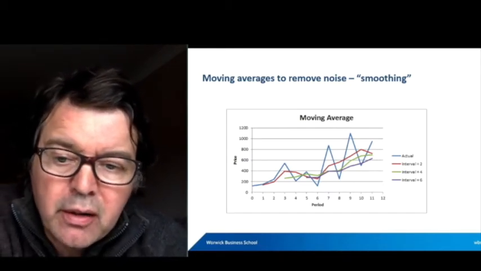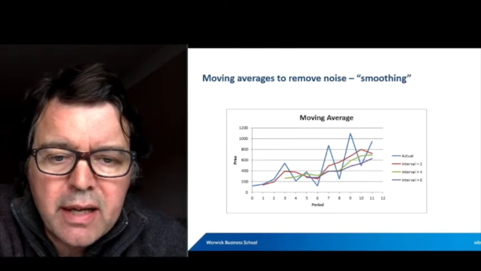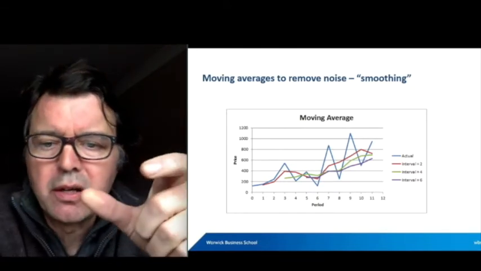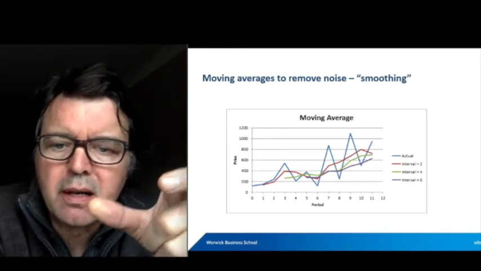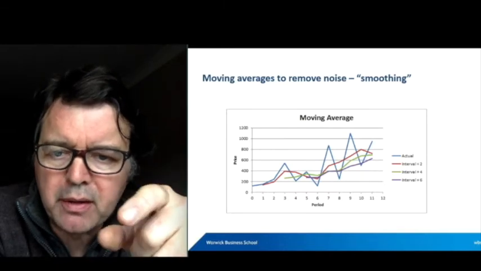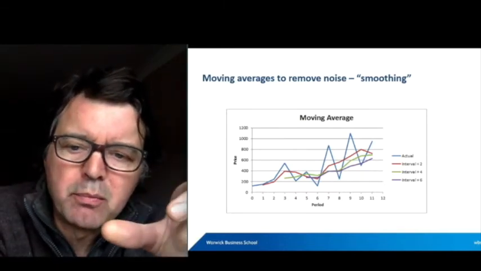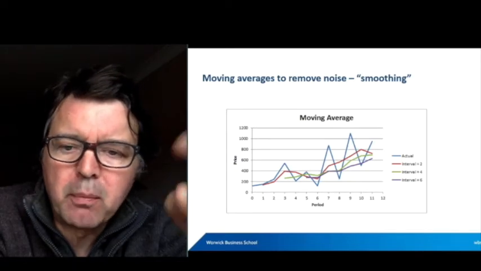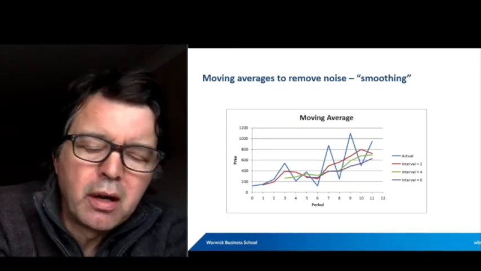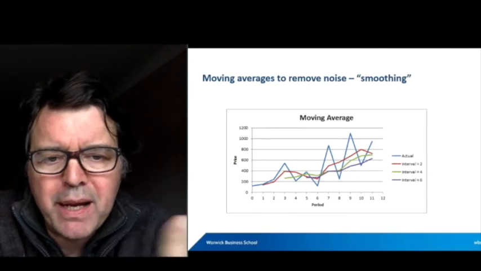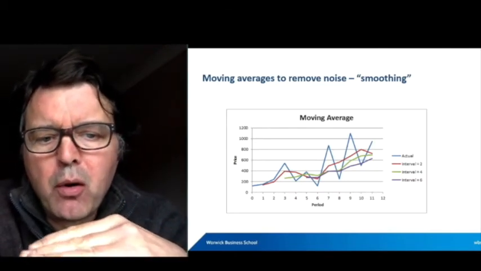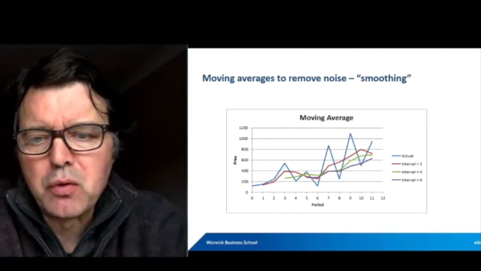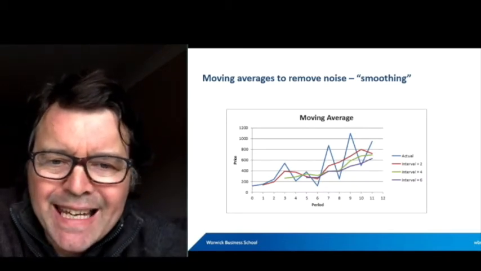Now you can increase the interval, so you could take an interval of 4, which means you take 4 data points, take the average, plot that point, then move on one, take the average of 4 and plot that point. Basically the bigger your interval, the more the trend is smoothed out, so you can see the trend.